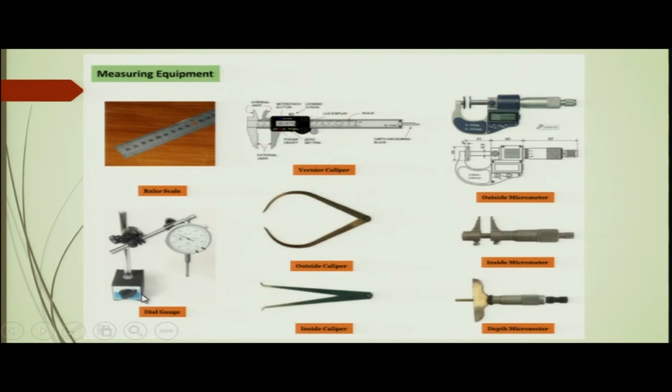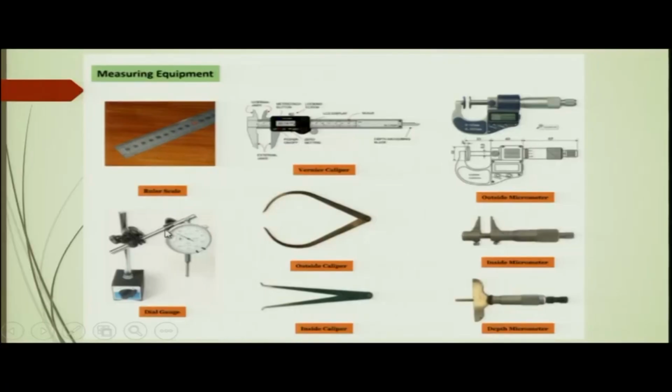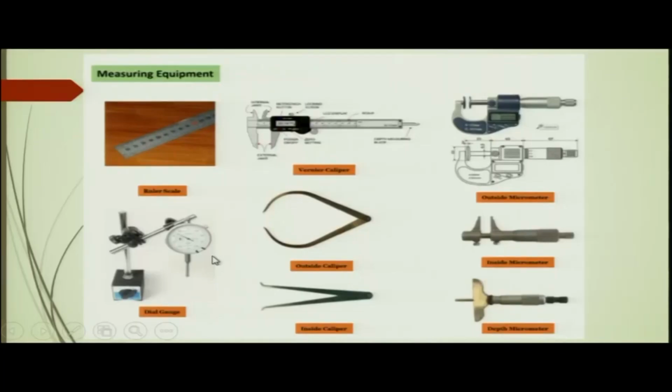This base will be sitting rigidly or loosely, all right, and here you have a dial gauge. So, that dial gauge can be a fine dial gauge or a rough dial gauge. So, that depends on what will be the least count, what is the minimum distance between the two graduations in the dial, okay, dial indicator. So, this least count we will talk about when we will discuss the metrology part.